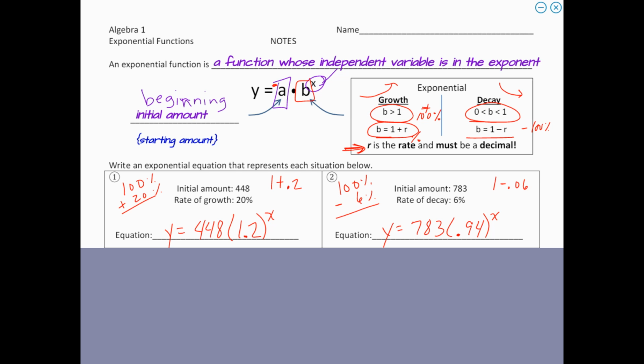Wait, what is B represent? I'm getting a paper.